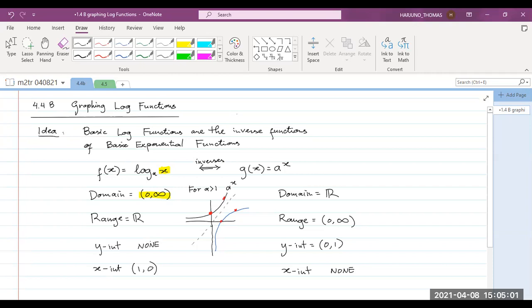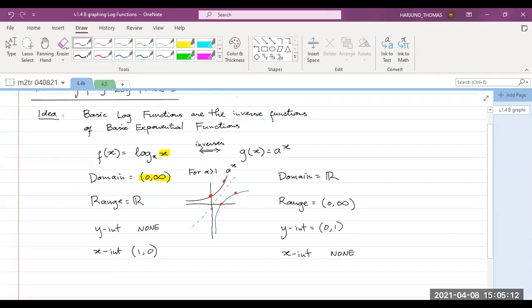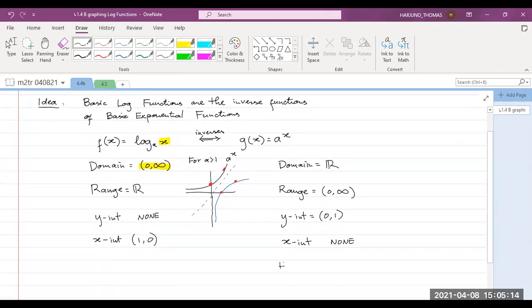I believe you have seen this in my lecture also, but I repeat it here because it is a very, very important foundation. The horizontal asymptote for the exponential function is y equals 0. That becomes the vertical asymptote, x equals 0, in logarithmic form.